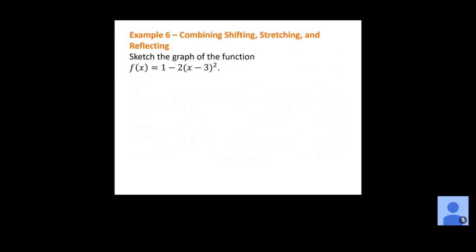Now, when I see a function that looks like this, the first thing I'm going to do is take this value that's in front, a positive 1, and move it to the end as a plus 1. I'm going to rewrite this as f of x equals negative 2 times x minus 3 squared plus 1, just because that looks a little more familiar in terms of the transformations that we've looked at.